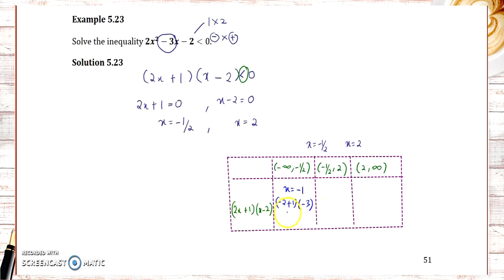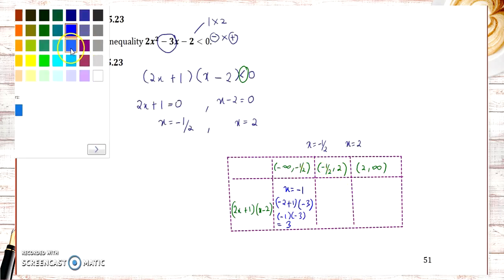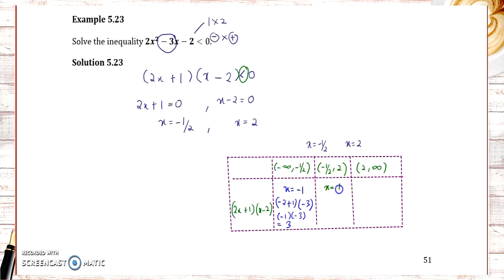So we have here negative 1 times negative 3 gives us positive 3. For the second column, choose any number between these two numbers. So let's choose x equals 1.